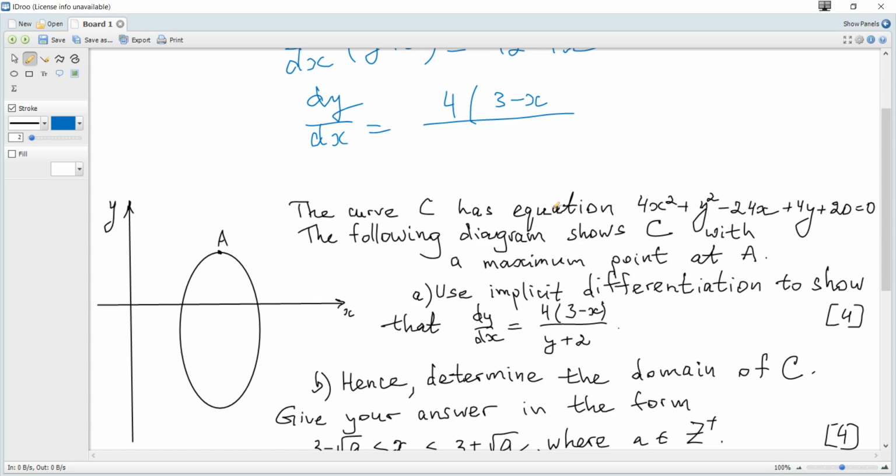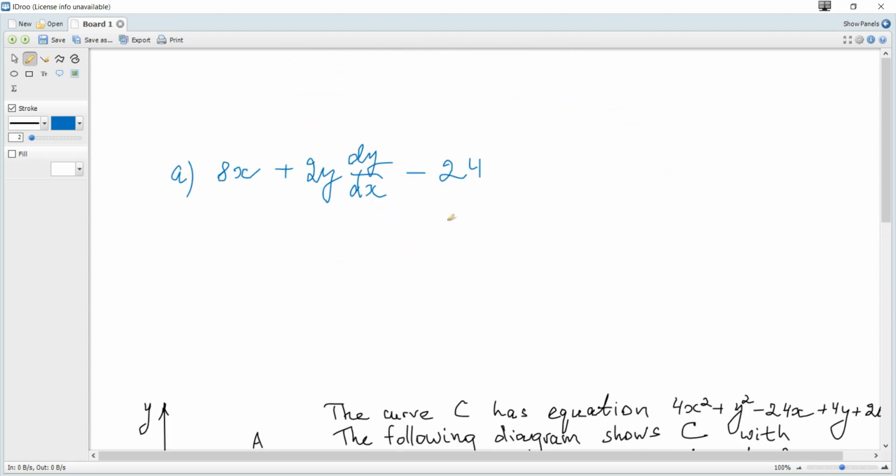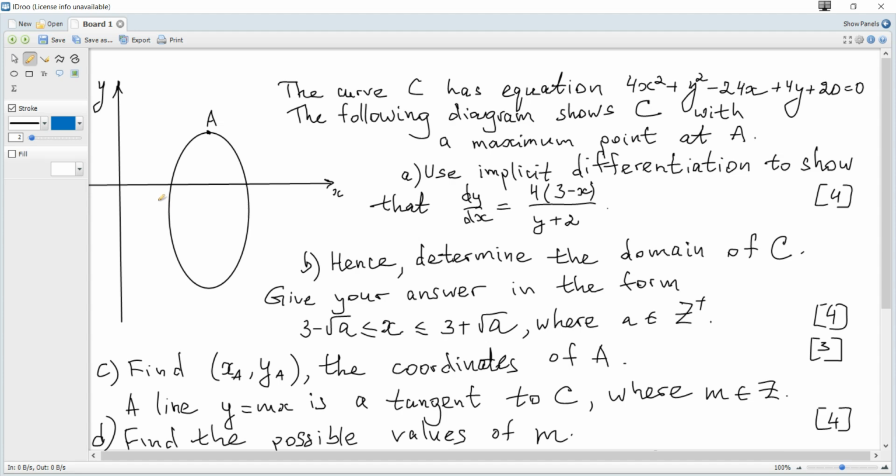The next part: hence determine the domain of C. What is the domain? It's the possible values of x, and we can see from the given graph that possible values of x are in between the vertical tangents. We know that dy over dx gives us the gradient of a tangent, and for a tangent to be vertical there must be division by 0.